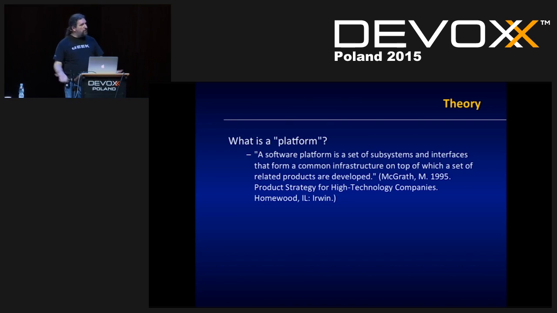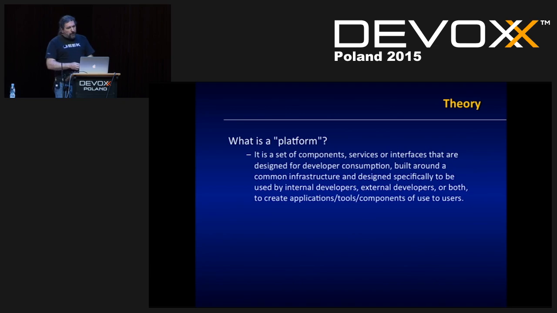Amazon, Azure, both of these provide these same sets of services, as well as runtime components. It's a set of components, services, interfaces that are designed for developer consumption, built around a common infrastructure, designed specifically to be used by internal developers, external developers, or both, to create applications, tools, components of use to users. This is my definition. It's a little bit more complicated.